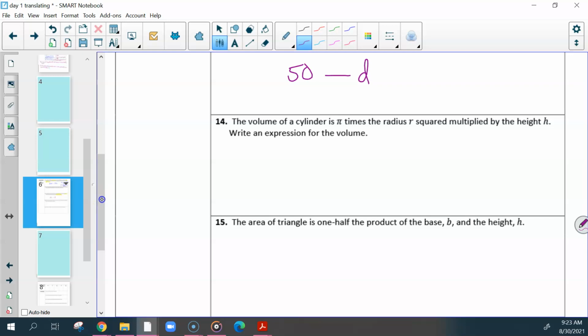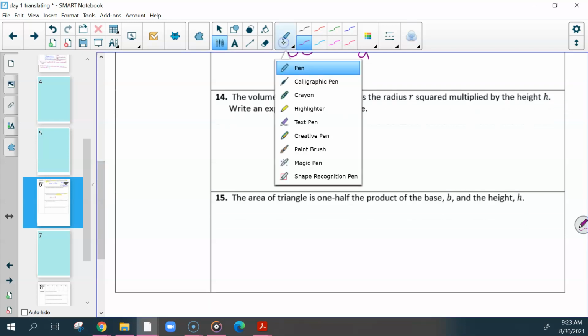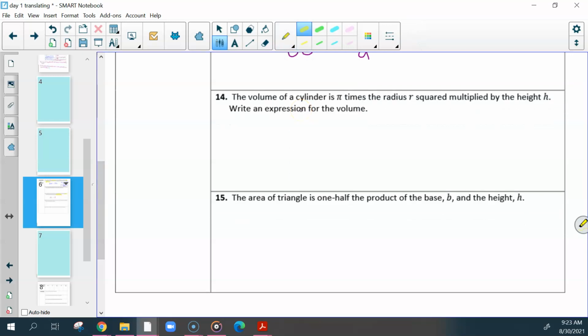Either one is really the same, but we're going to do 14. The volume of a cylinder is pi times the radius r squared multiplied by the height h. Write an expression for the volume. Sorry, that was the wrong question.